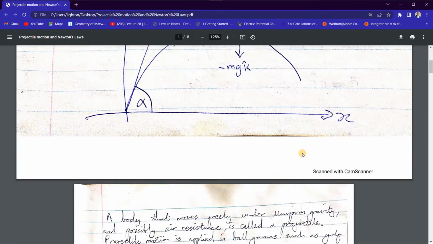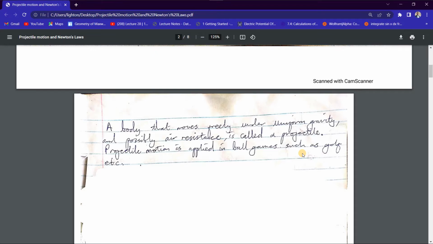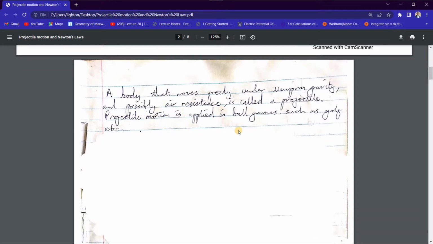Okay, and let's see something here. We're saying that a body that moves freely under uniform gravity and possibly air resistance is called a projectile. Any body that moves freely under uniform gravity can be called a projectile.